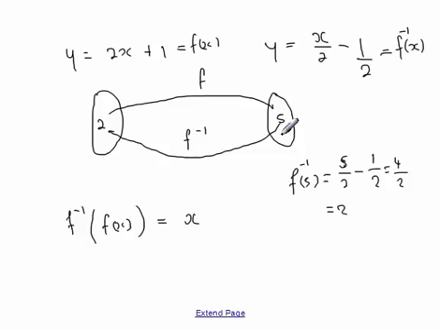Let's say with a 7 here. Then we start with f inverse. If we take a 7 there with f inverse, what is that going to do? It's going to be f second function of 7, which will be 7 over 2 minus 1 over 2, and that will be 3 halves, and that will give you 3 altogether.